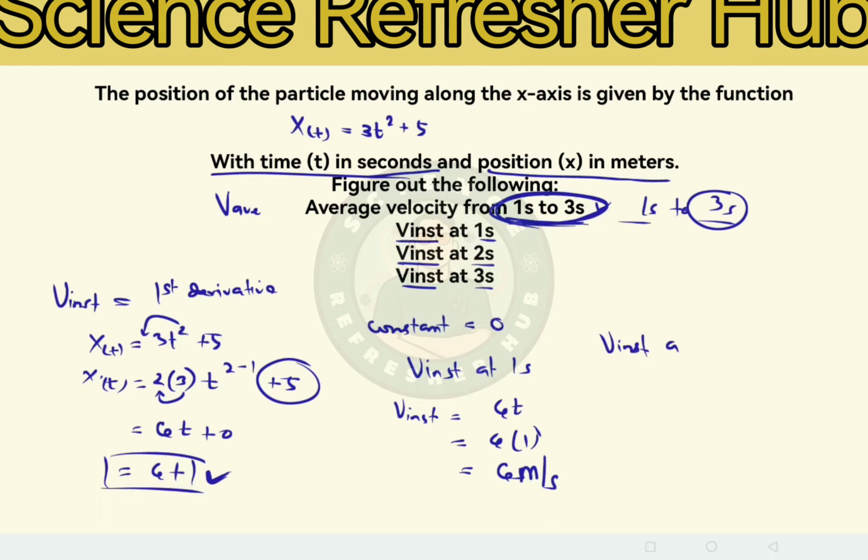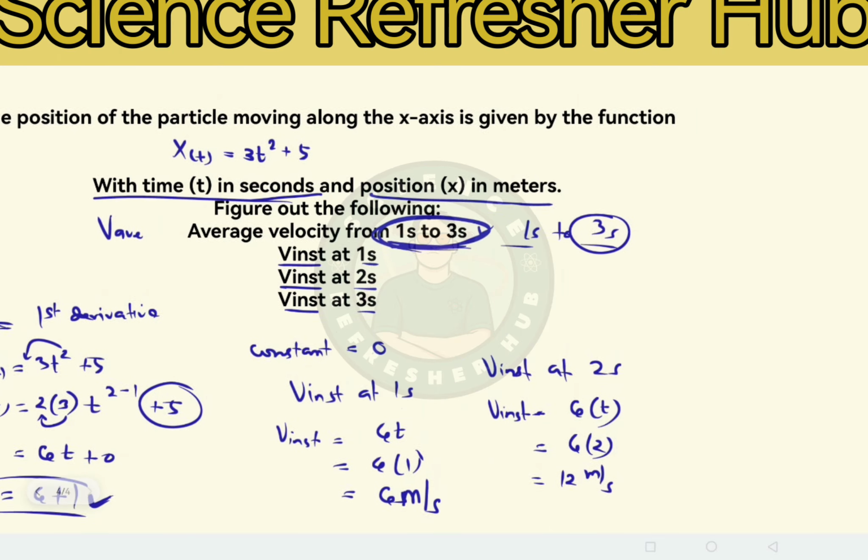Now, the instantaneous velocity at 2 seconds is going to be 6t, and then 6 times 2, you will have 12 meters per second. And the last one, we have our instantaneous velocity at 3 seconds.